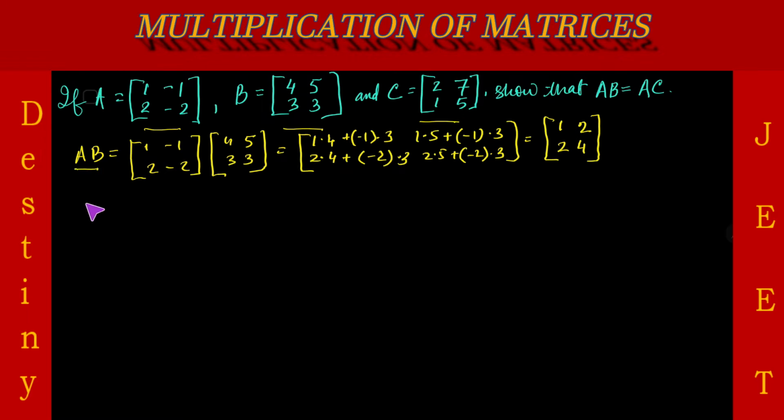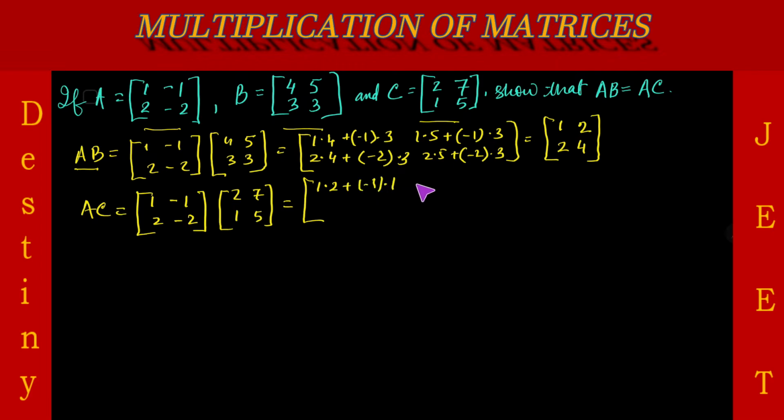Now let's see AC. AC we get 1, minus 1, 2, minus 2, times 2, 7, 1, 5, which is equal to 1 into 2 plus minus 1 into 1, 1 into 7 plus minus 1 into 5.